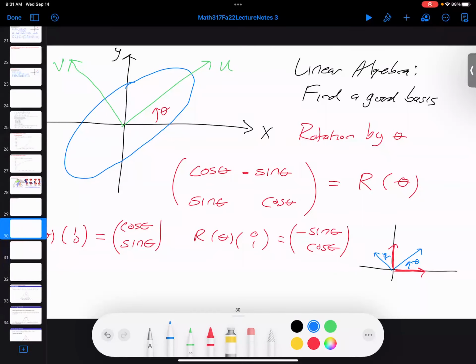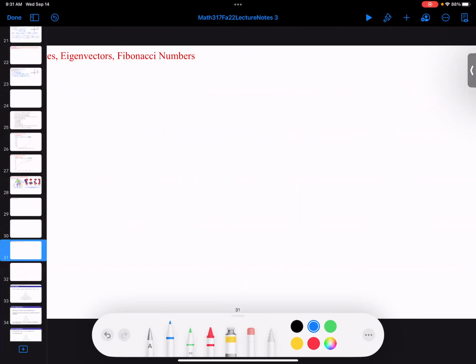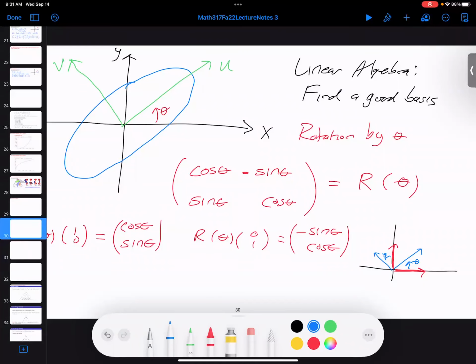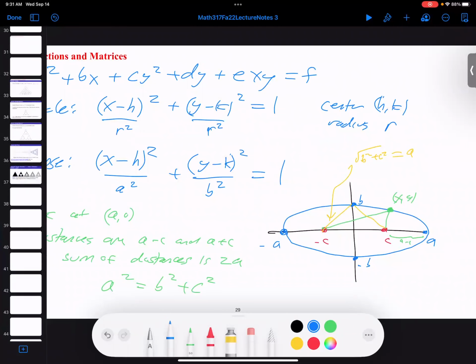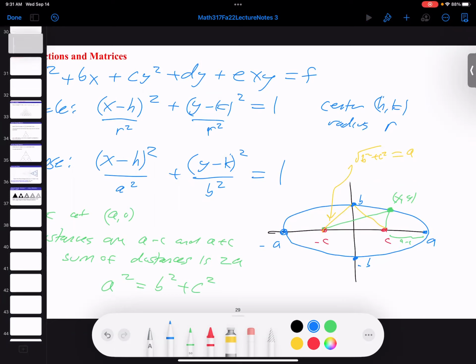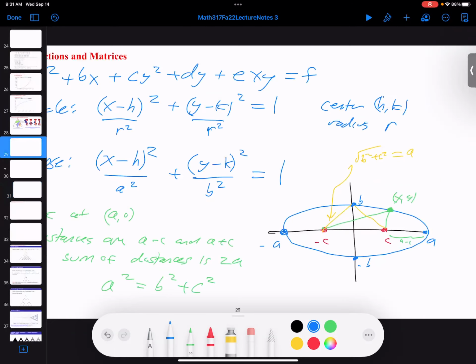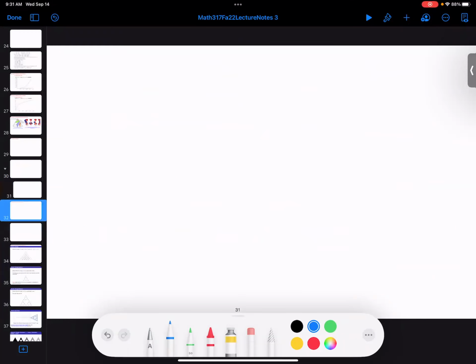So let's look at the standard ellipse. Okay, good. So here is the standard ellipse.